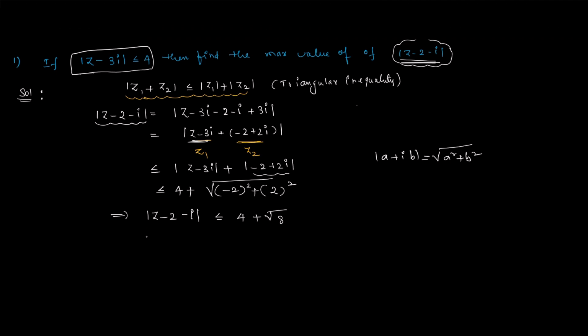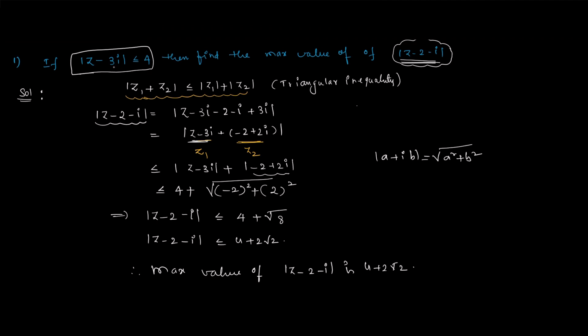Nothing but modulus of z minus 2 minus i is less than or equal to 4 plus 2 root 2, since root 8 is 2 root 2. So therefore the maximum value of modulus of z minus 2 minus i is 4 plus 2 root 2.